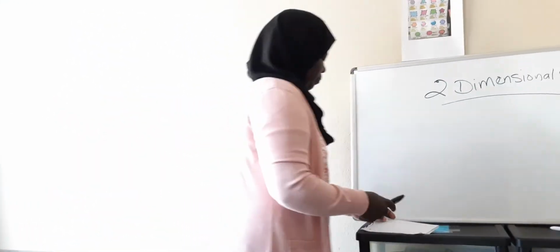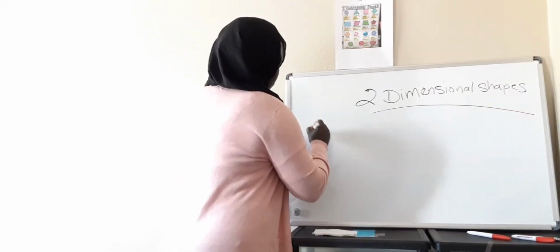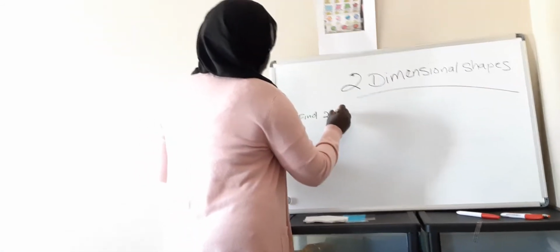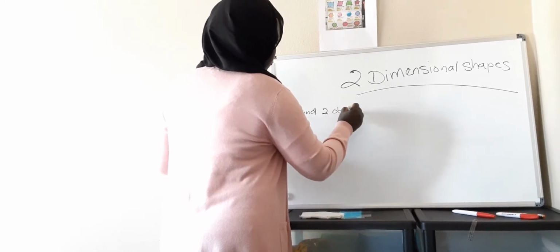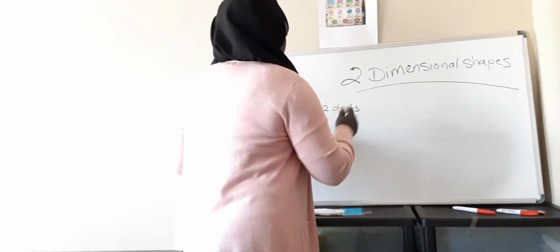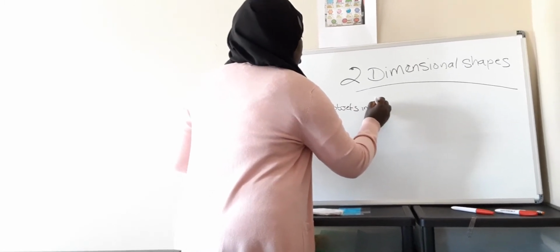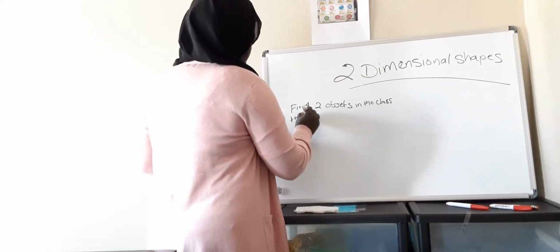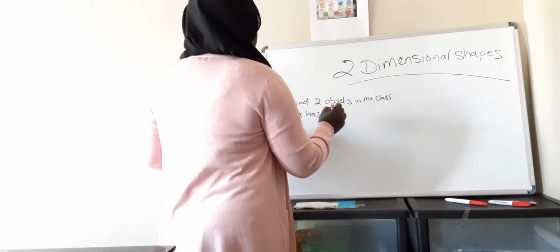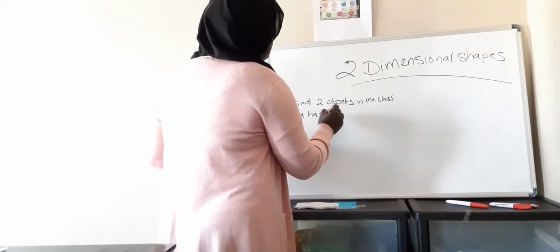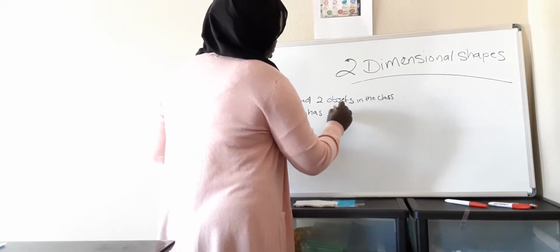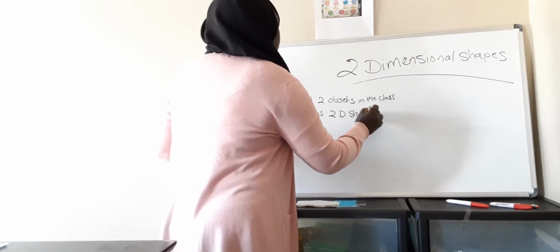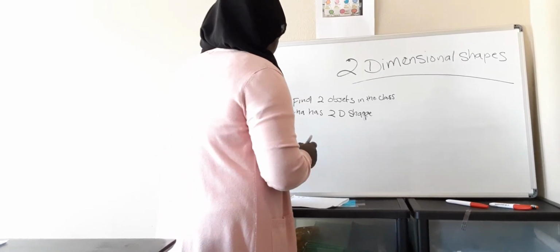It will be: find two objects in the class that are two-dimensional shapes.